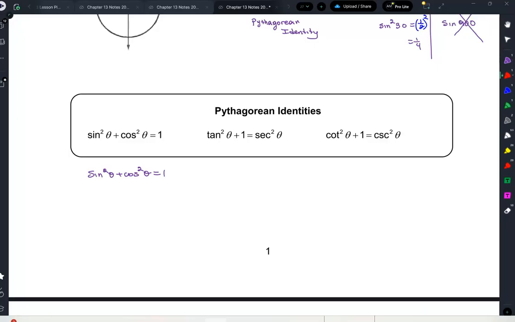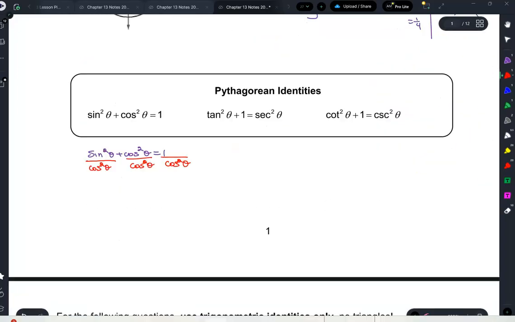Now, just for fun, let's multiply everything here by cosine squared theta. Now, sine divided by cosine was what? Tangent.